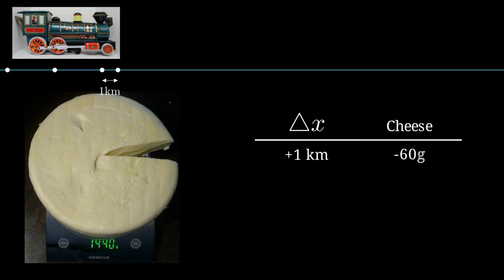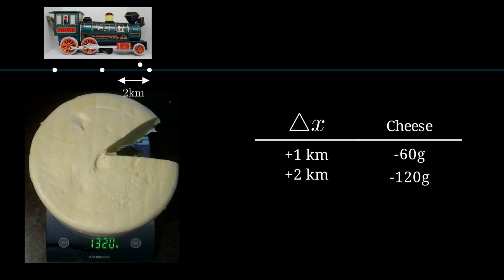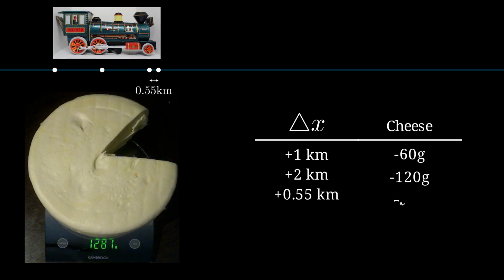For example, let the train shift after the first jump be of 1 kilometer length, and weigh it up 60 grams of cheese. The next jump gives 2 kilometer shift, which costs us 120 grams of cheese. Then is 0.55 kilometer, 33 grams, and so on.